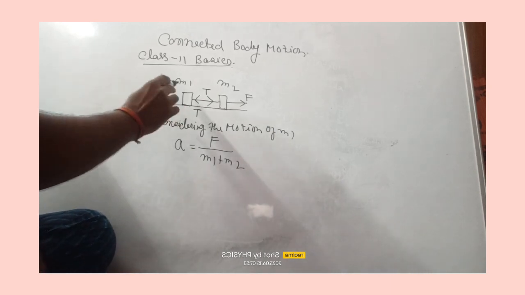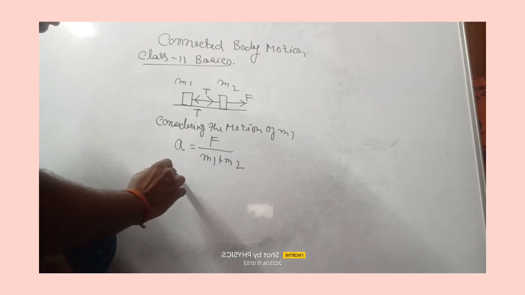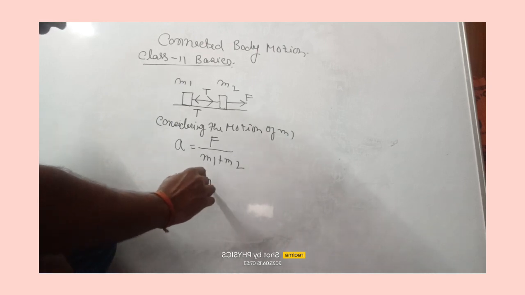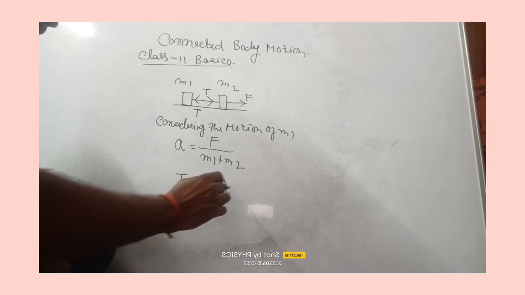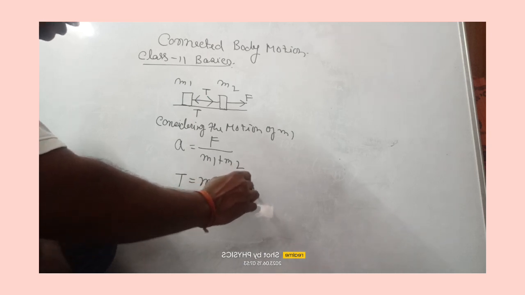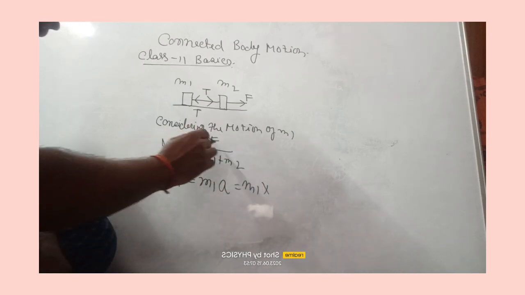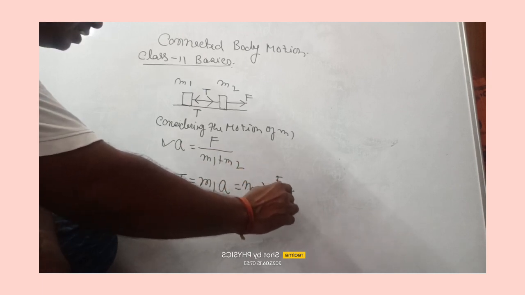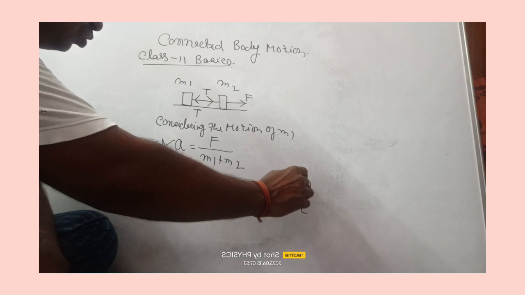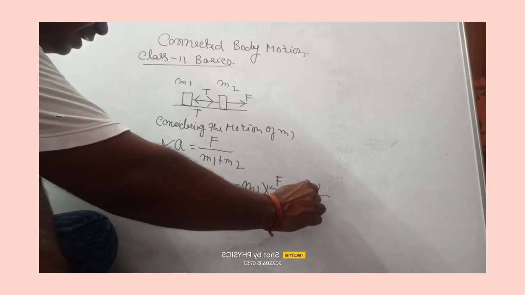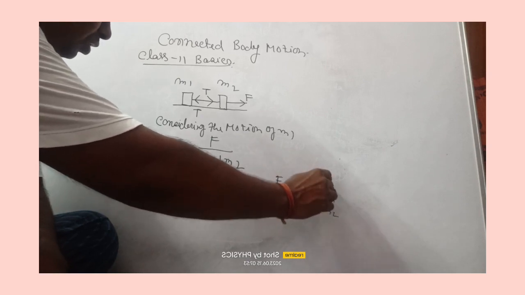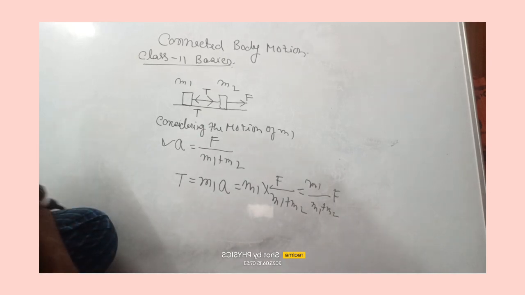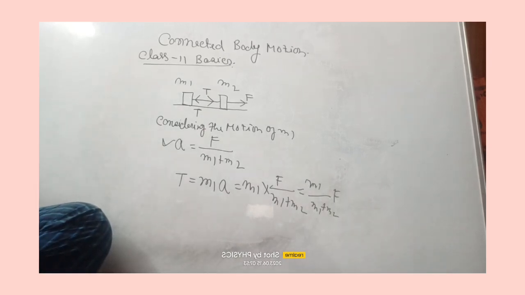Now the tension acting on m1, T, is equal to m1 into a, that is m1 into F by m1 plus m2, that is m1 by m1 plus m2 into F. That is the expression of the tension.